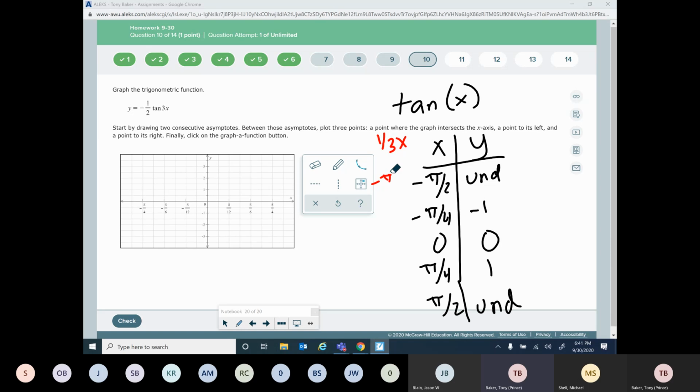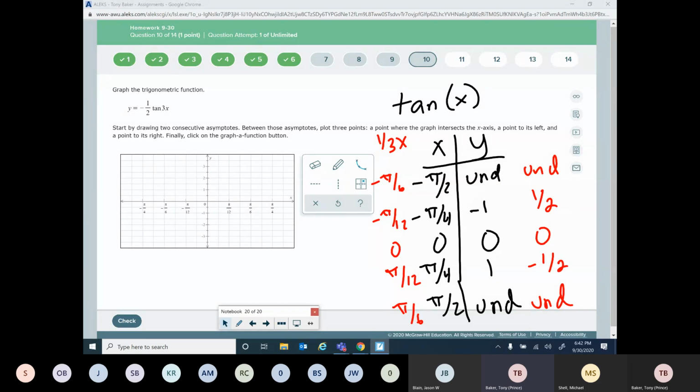So this is negative pi over 6, negative pi over 12, 0, pi over 12, and pi over 6. And then we're going to multiply all the y's by negative 1/2. So that's still undefined. That's now 1/2. That's 0. That's now negative 1/2, and that's still undefined.